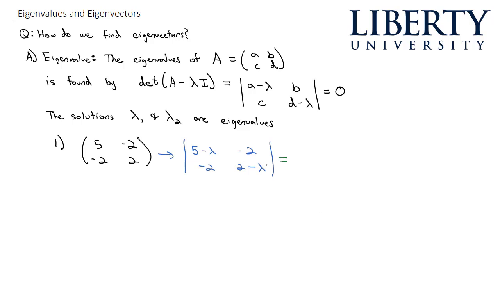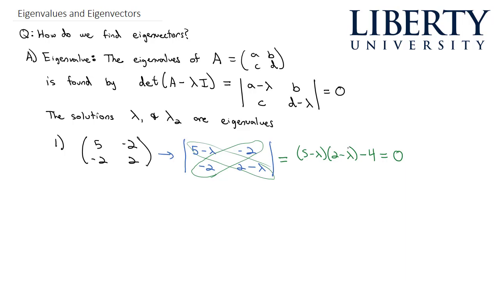And the way we calculate a determinant is we multiply the diagonals together. So we're going to have 5 minus lambda times 2 minus lambda, and then we subtract the product of the other diagonal, which is 4. And the way we solve for our eigenvalues of lambda is we make that equal to 0.